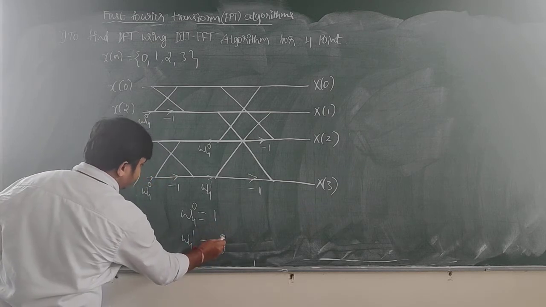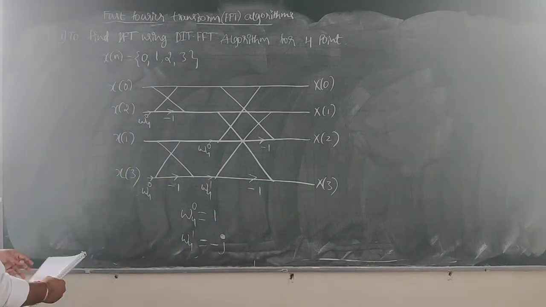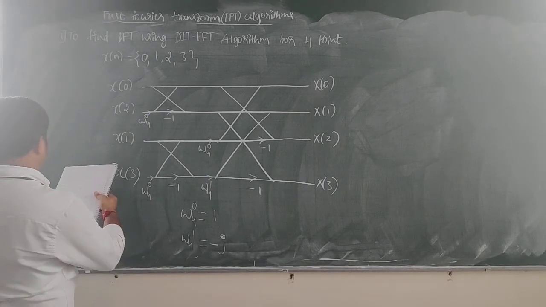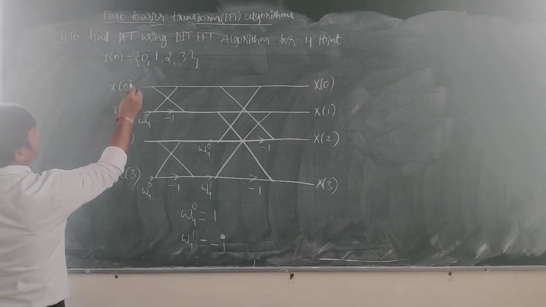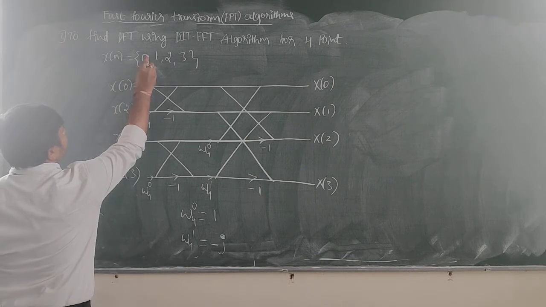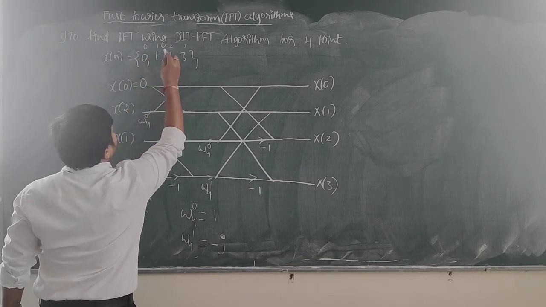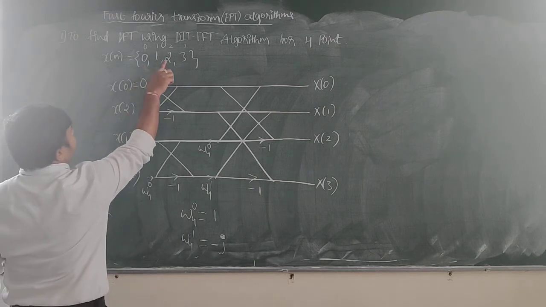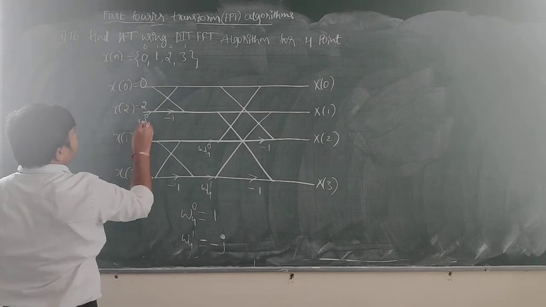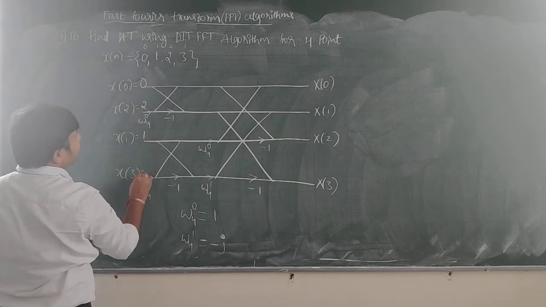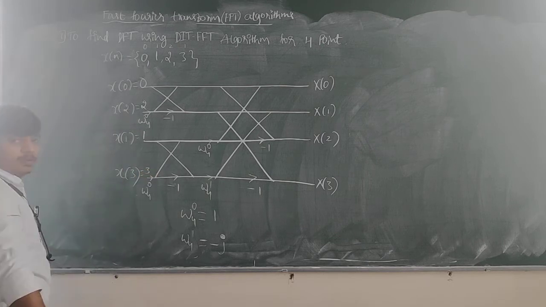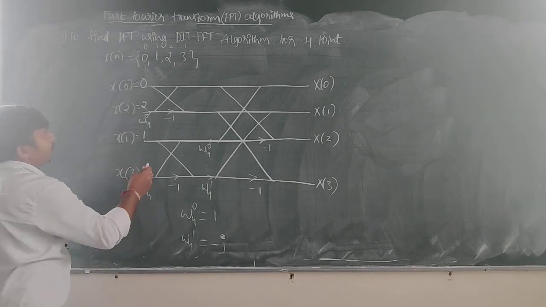Correct? Now, what is the input? You need to take it like this: x of 0 is 0, x of 2 is 2, x of 1 is 1, x of 3 is 3.